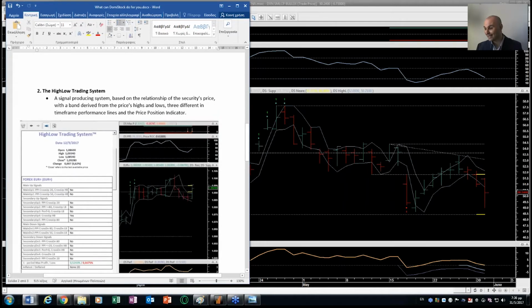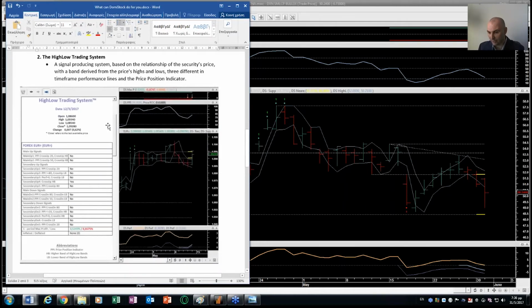Okay, this is a signal producing system. It does nothing else but produce signals. It's the second one in computing complexity, because DomiStock offers 4 different trading systems.